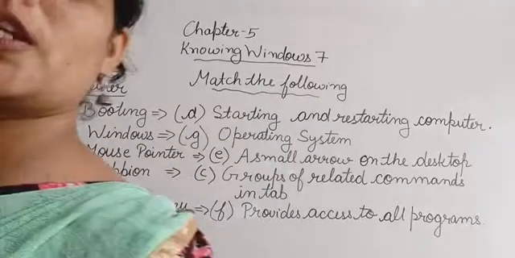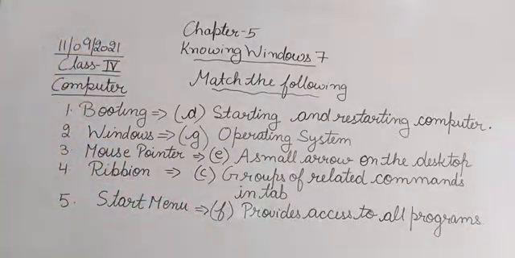So just match it in your books. Okay, इसको match करिए अपने book में. The first is booting. Booting is starting and restarting the computers. That is option number D. Second is Windows. That is option number G, operating system. Next is mouse pointer. That is option number E, a small arrow on the desktop. Next is ribbon.